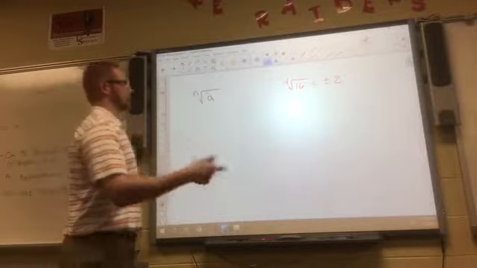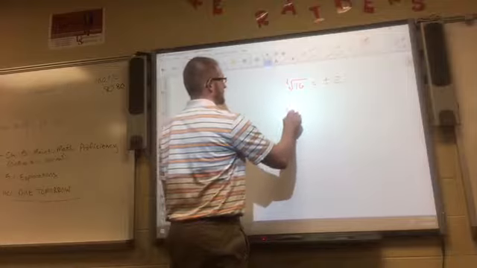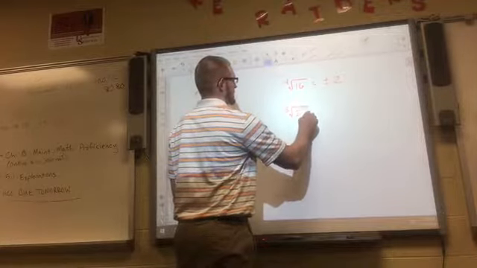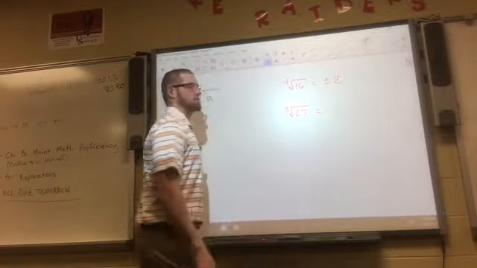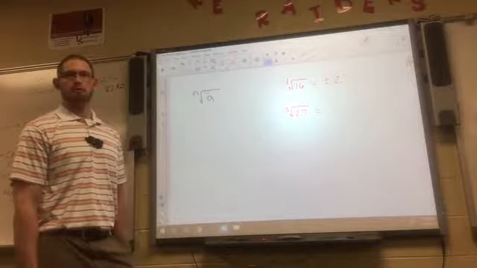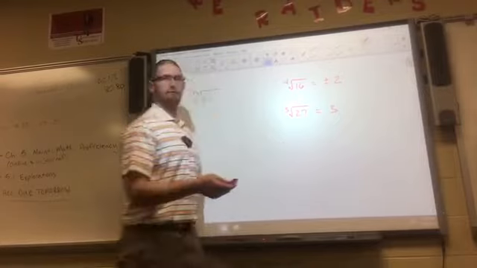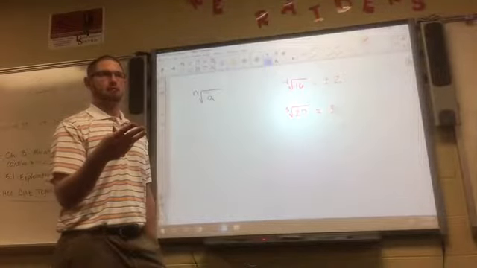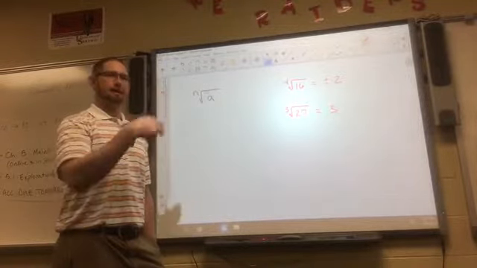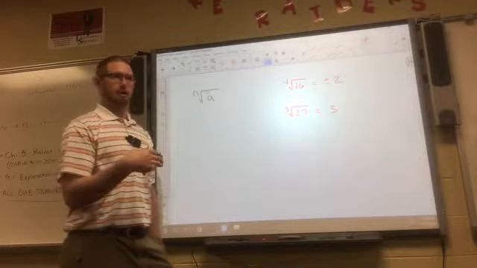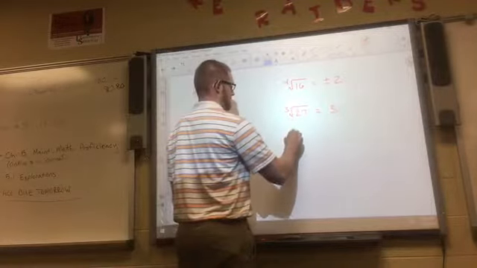With evens, because if I have the cube root of 27, first of all, what times itself 3 times is 27? 3. If I do negative 3 times negative 3 times negative 3, what's that equal? Negative 27. So is this possible to have?